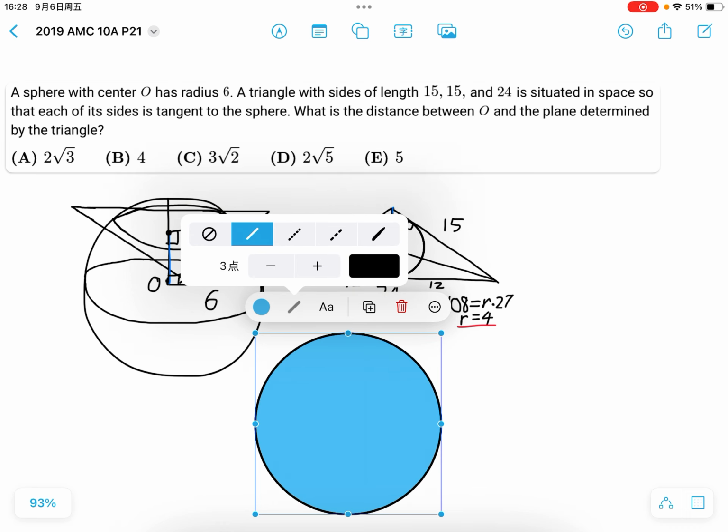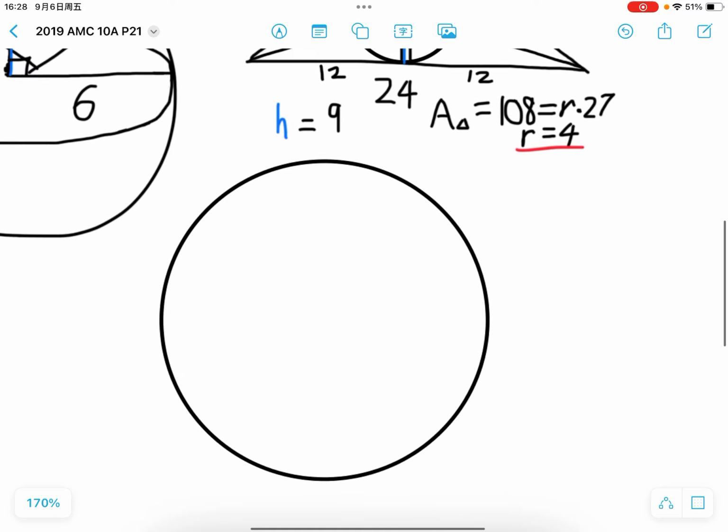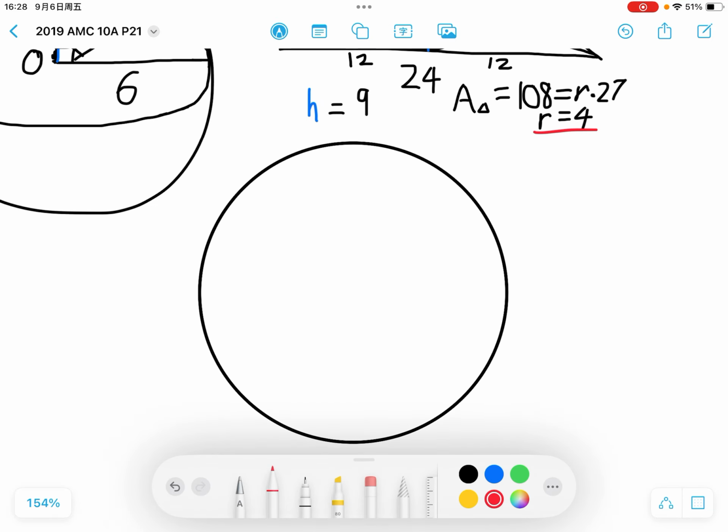We're only going to look at the top half of it, because that's where all the action takes place. There's nothing on the bottom half of the circle. From the 2D perspective of the front view, this is going to be the center, and this is going to be 6. So the radius of the circle is 6.